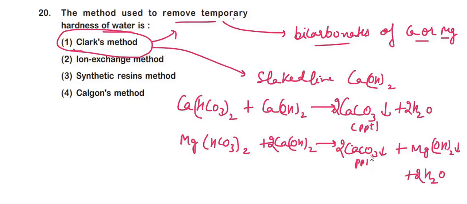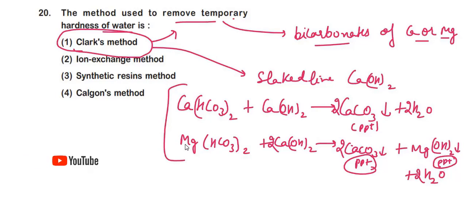In this manner the precipitates are removed and water becomes free from hardness. In this manner we can remove the temporary hardness from water by treating it with slaked lime. This is the Clark method which is used to remove temporary hardness from water.